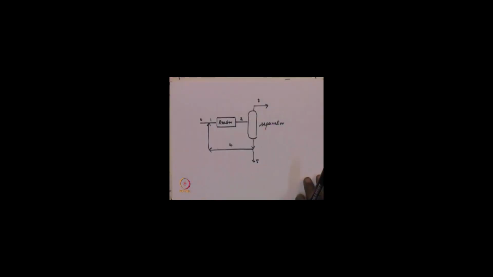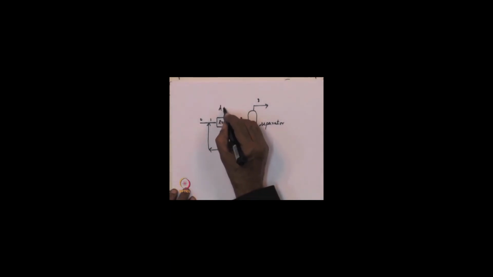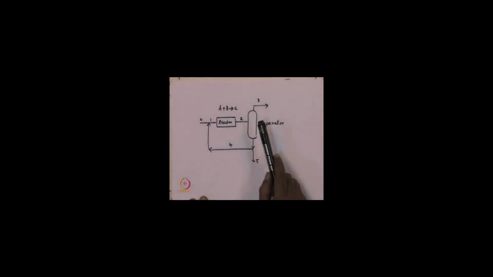Now, there could be another situation that we will encounter. In fact, this is the most common kind of situation, where you have a reactor with, let us say, a reaction A plus B going to C, whatever might be the situation. Now, we have a separator where we remove the product and then we recycle the unreacted material.